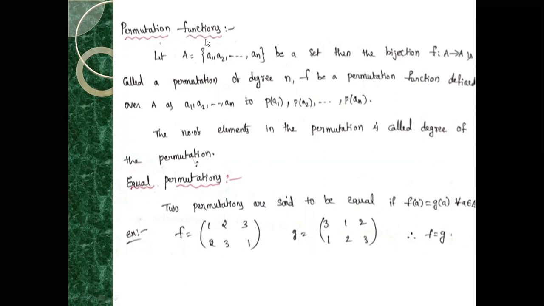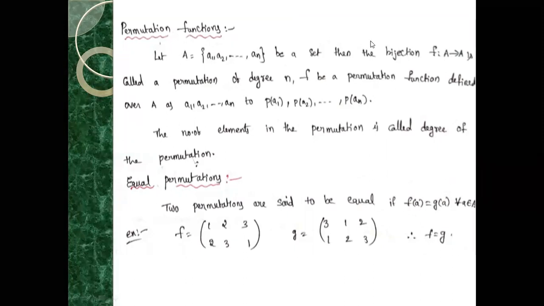So here A is the given set, that set contains n elements, and then the bijection from A to A. So given function is a bijection, means it is one-one and onto, and is called a permutation of degree n. Degree n means the number of elements in the given set. It is called the degree of the permutation.